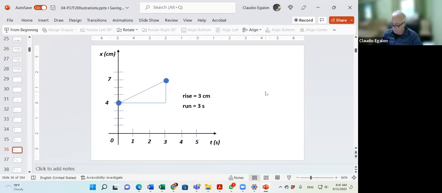In this case, when you take the slope of this example, you get 1 centimeter per second. And the slope of this graph coincides with the average velocity. Got the idea? Okay, so here you go.